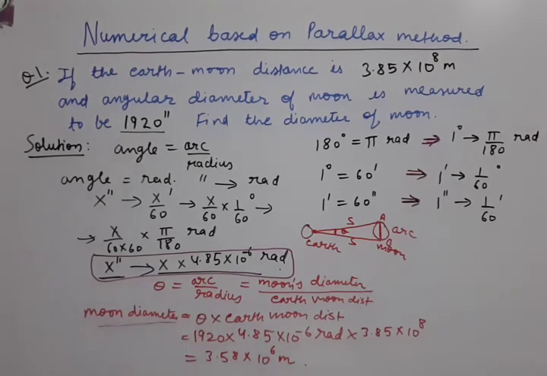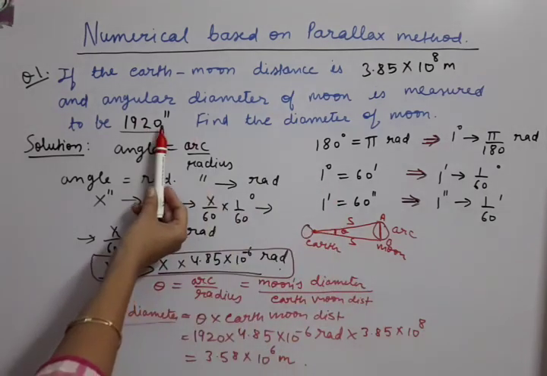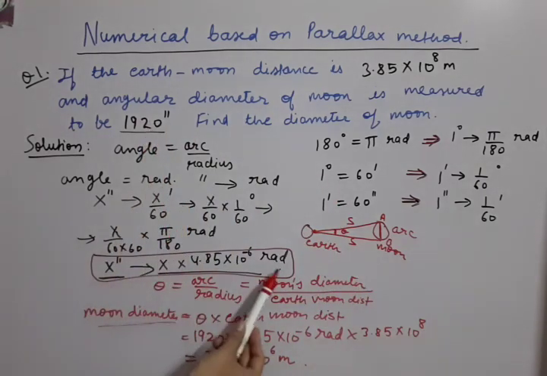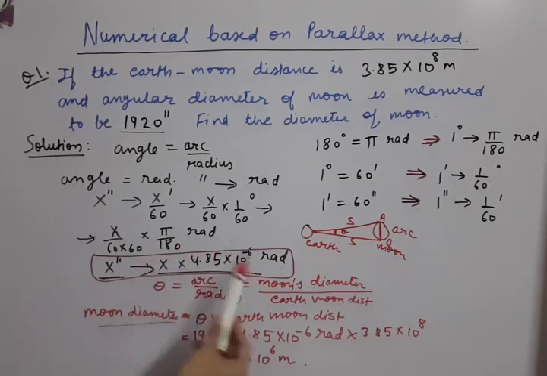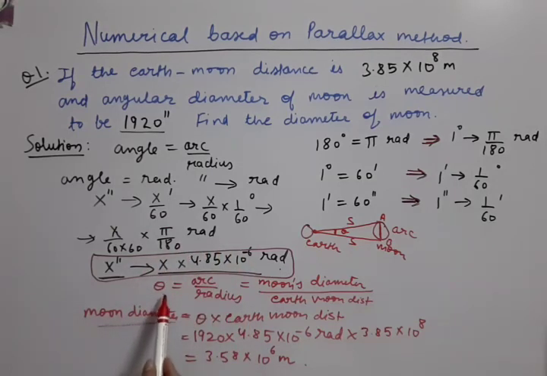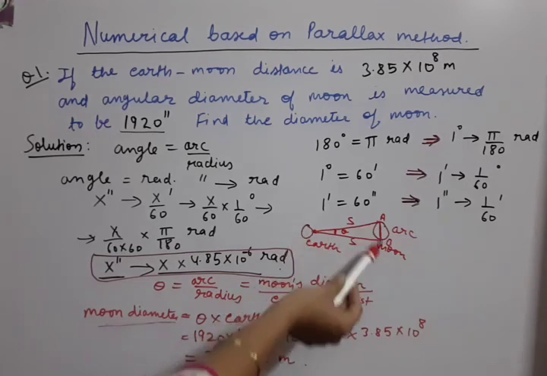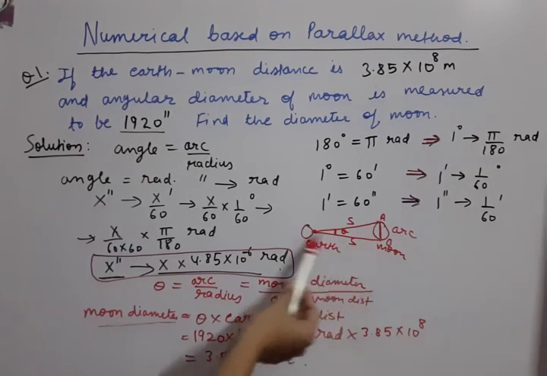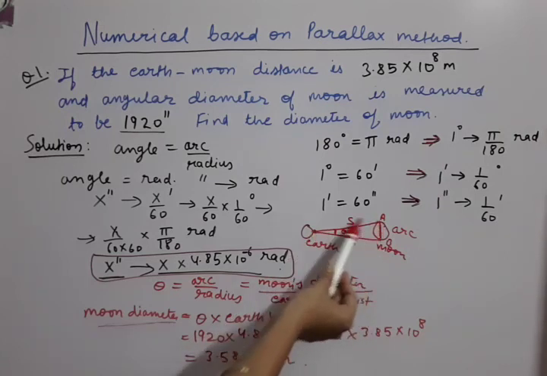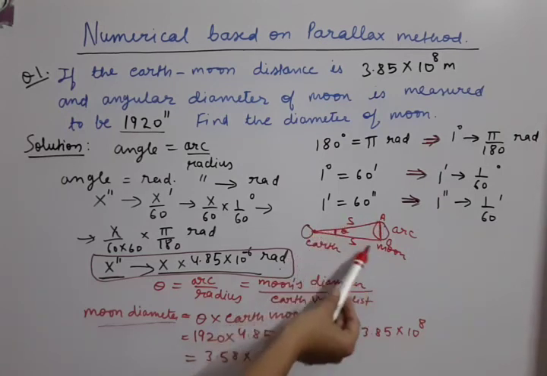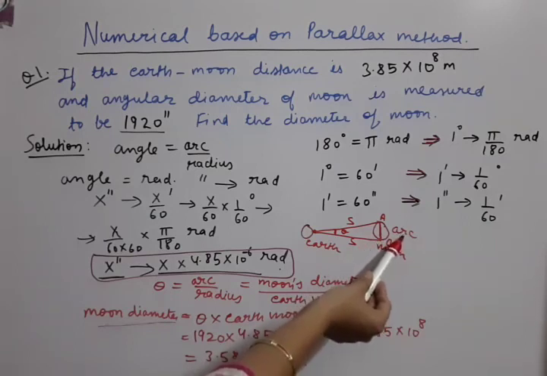Okay, so this is the parallax method. The method is not very complicated. You have to first convert the seconds into radian by this multiple, then use this formula, and it is better to draw a diagram so that you understand the situation. Earth, moon. The moon's diameter is making an angle at a single location on Earth from where we are measuring the moon's distance. The moon's distance we called S. The moon's diameter means the arc.